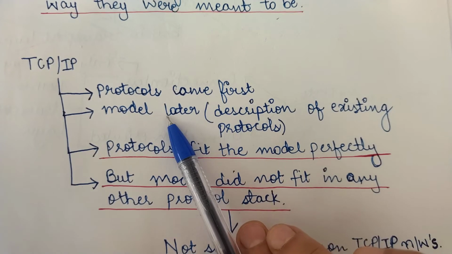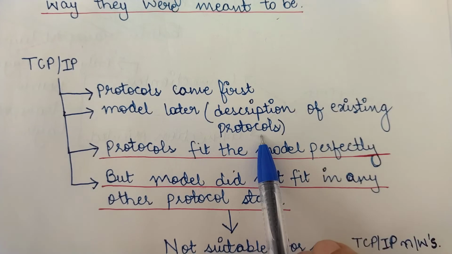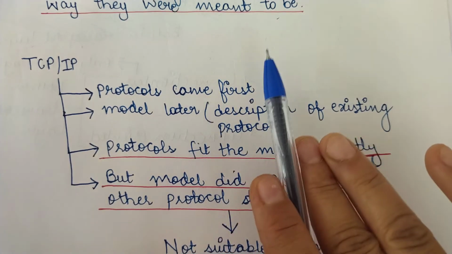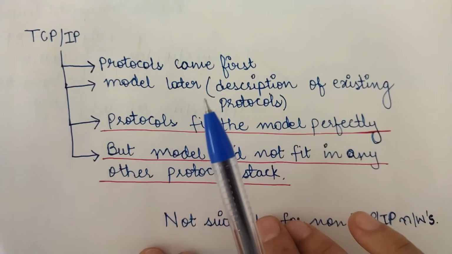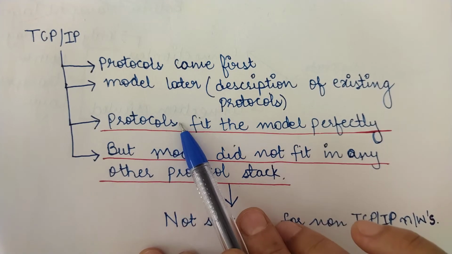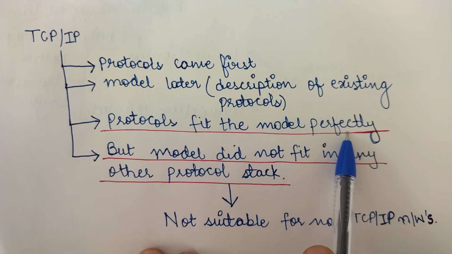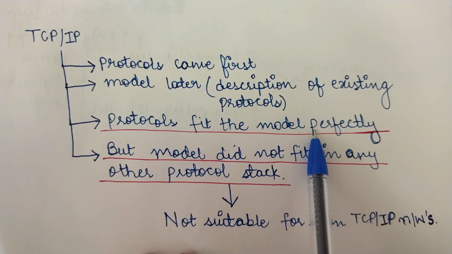That means the model was according to the description of existing protocols. So it is quite clear that this was not a general model and it was protocol specific. For this reason, the protocols could fit in the model perfectly because it was designed specifically for those protocols only.